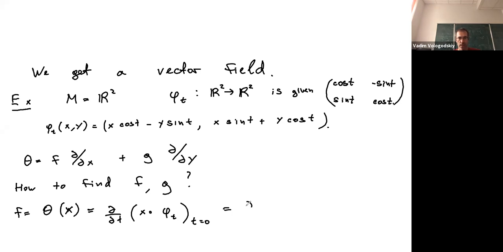So it's d over dt of x cosine t minus y sine t, and we are computing the derivative of this at t equals 0. When we do this, this term goes away, so you get just minus y.